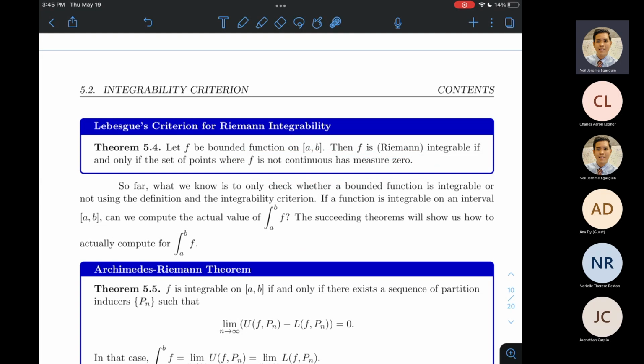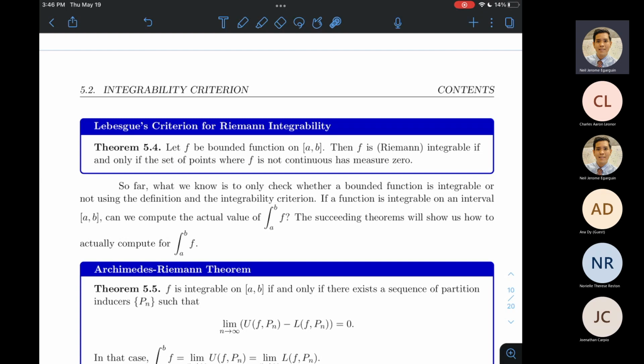May isa pa tayong tawag dito. Kapag ang isang property ay nangyayari sa buong set maliban sa isang subset na ang measure ay 0, ang tawag natin doon ay almost everywhere. So you can say na kapag si f ay hindi continuous sa isang set lamang na of measure 0, we can say that f is continuous almost everywhere. Almost everywhere kasi dun lang siya hindi continuous sa isang set of measure 0.